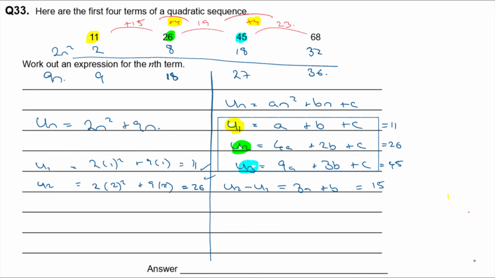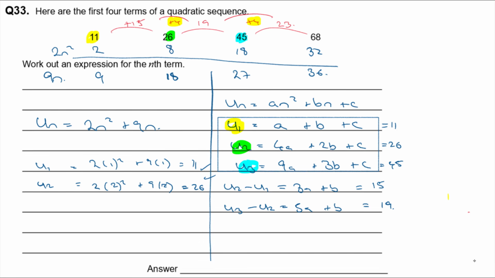Okay, and if I do the same thing for u3 take away u2, I'm going to get 9a take away 4a is 5a, 3b take away 2b is b, and c take away c is 0, and 45 take away 26 is 19. Okay, so now I've got 2 more equations. But now I've only got 2 unknowns. I've got 3a plus b is 15 and 5a plus b is 19.